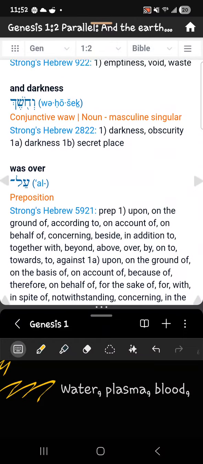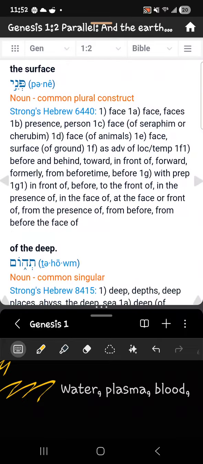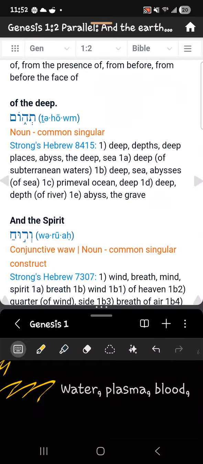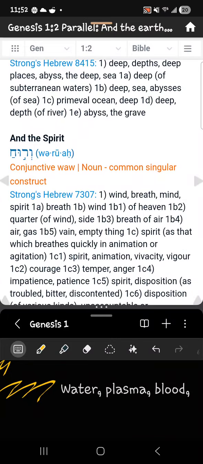Right? Darkness. Secret place. On her, like the face of the deep. You feel me? Is watery here. And the spirit. Head peg in DNA. That's what a rawach is. Ra'ash, head.